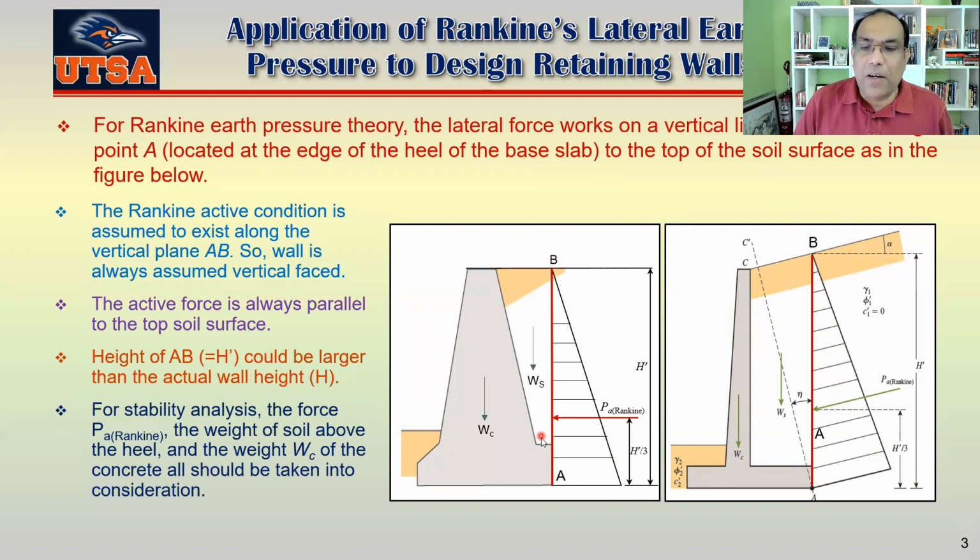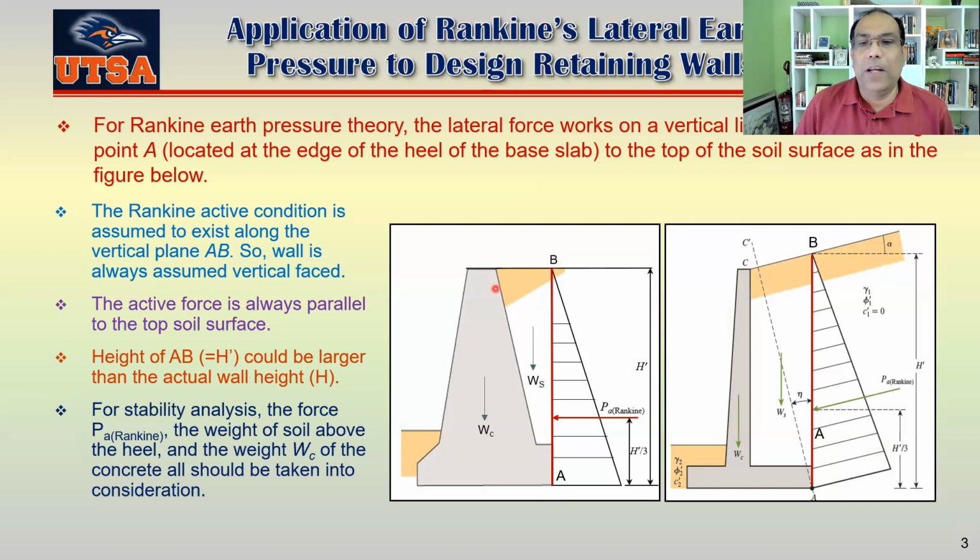It doesn't matter whether this one is vertical here or inclined here. So whatever is the shape of your retaining wall, you always have to assume the face is vertical, okay, to find out your active pressure.